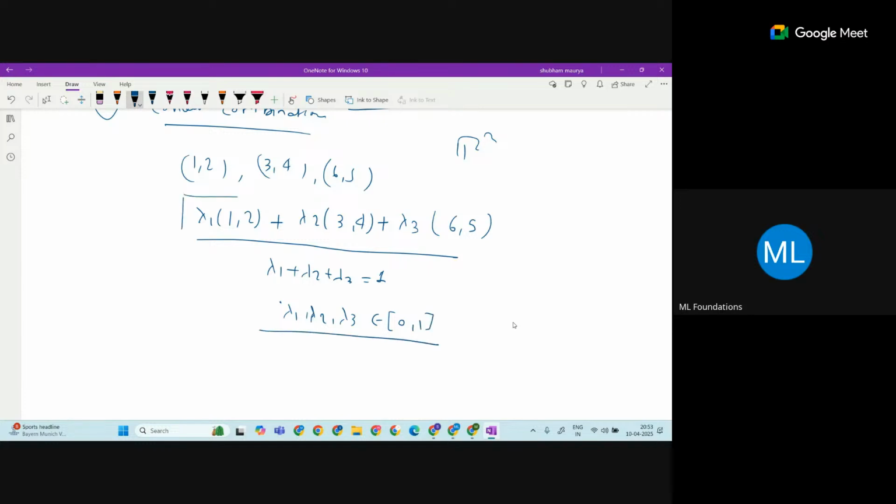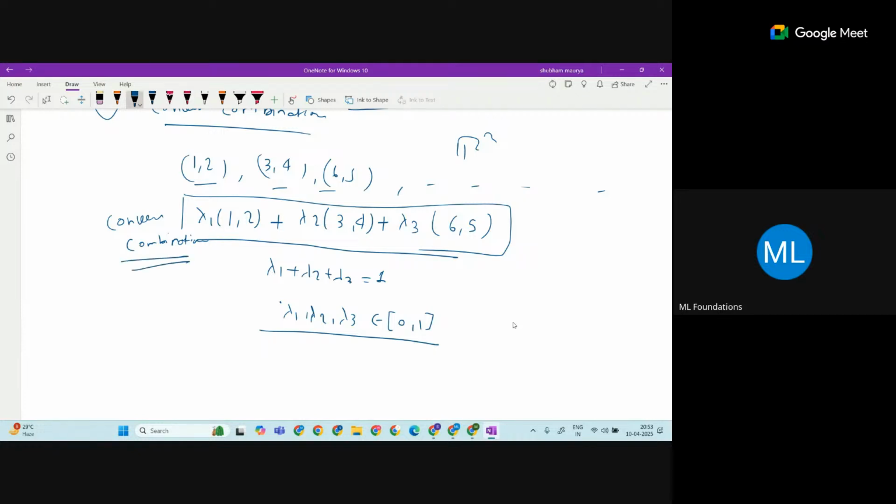This kind of combination of these points is called a convex combination. This is one example. You can extend this to any number, but finitely many points, not infinitely many. This kind of combination is called a convex combination.